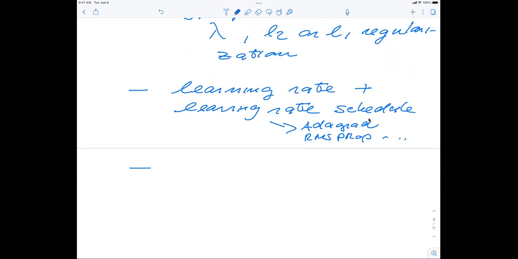We need to look at the gradient approximation, whether we want to do a stochastic gradient descent or not. We need to fix the number of batches, the number of mini batches, and the number of epochs.